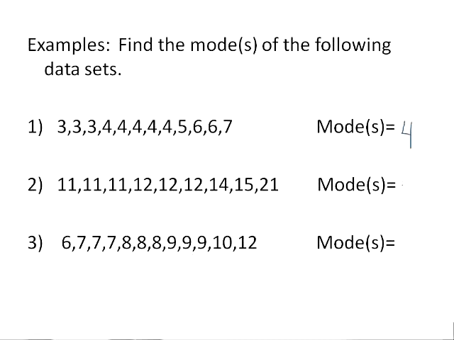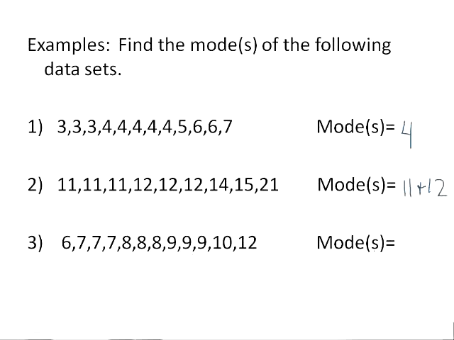Now in problem number 2, the data point of 11 and the data point of 12, both of those appear 3 times. The 14, 15, and 21, each of those appear only once. So in this case we have 2 modes. We have the 11 and the 12, both are modes.